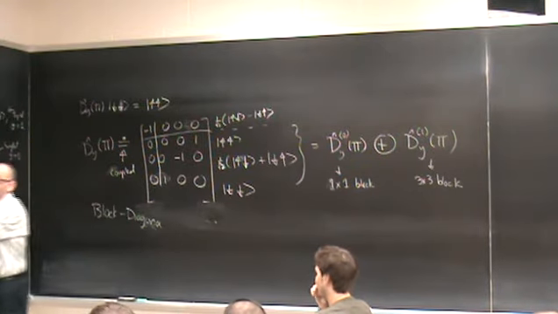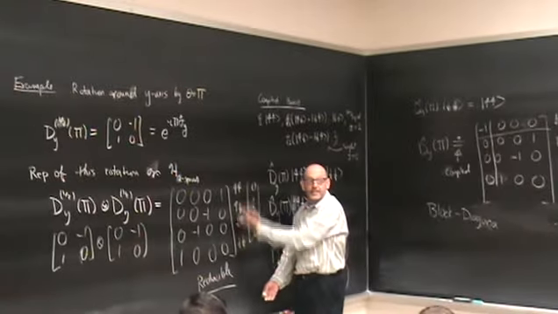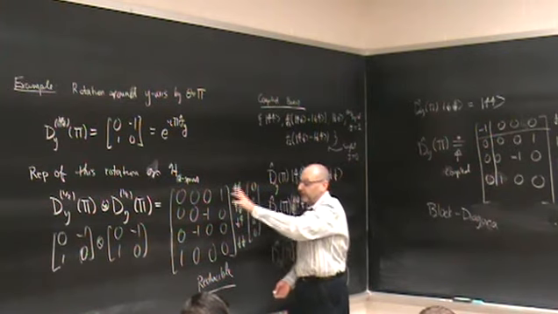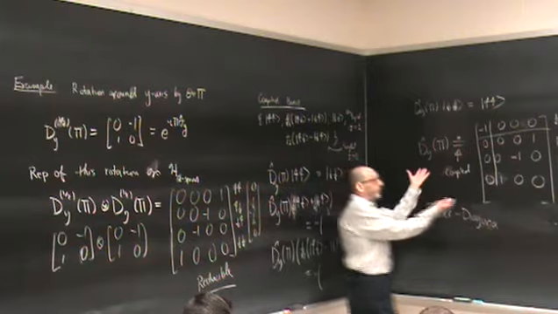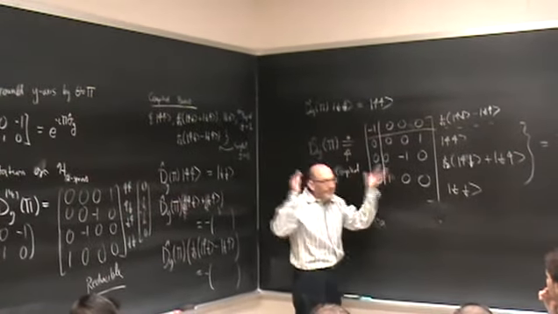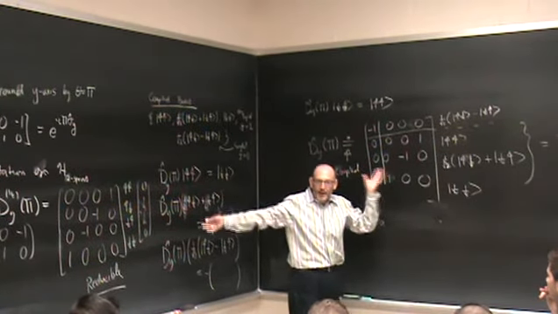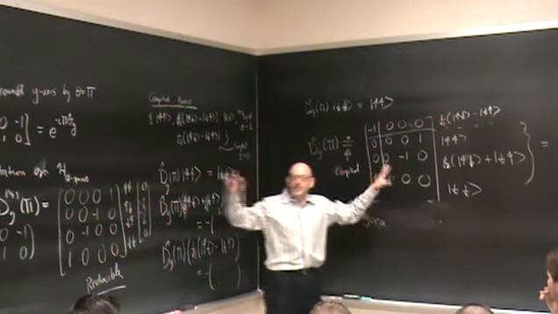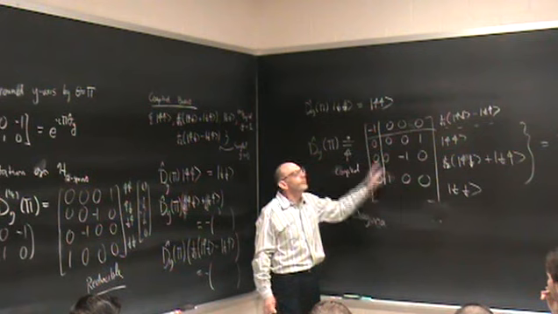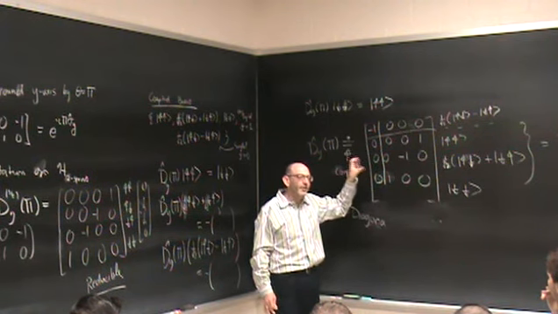Here is one representation, in this basis, and it's a reducible representation. This is another representation of the operator. We've known this from almost day one in quantum mechanics: we can look at different matrix representations of the same operator. The thing that's new here is this notion of reducible and irreducible with respect to groups.